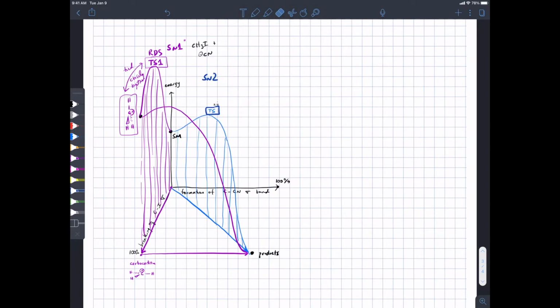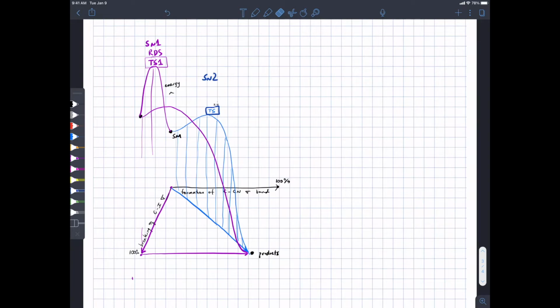I'm going to have to erase a bunch of stuff. Sorry. In fact, maybe we should have just redrawn it. Close enough. All right, so let's start with the SN2 transition state.